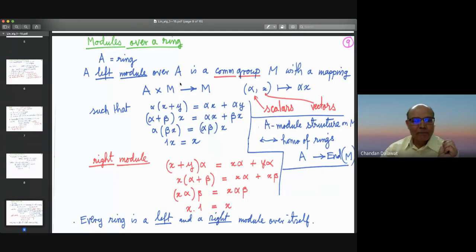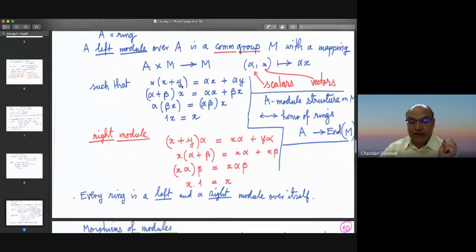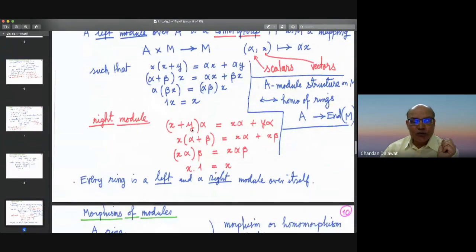Okay? And you also have the concept of a right module, where you write the scalars on the right. And these 4 conditions translate as these 4 conditions. Of course, the only difference is in the third condition.